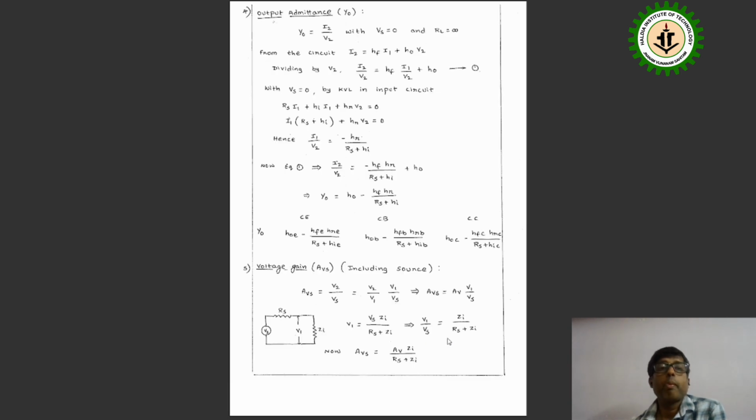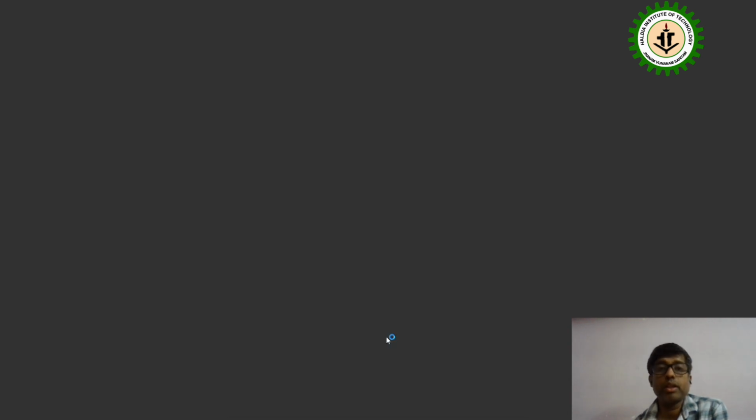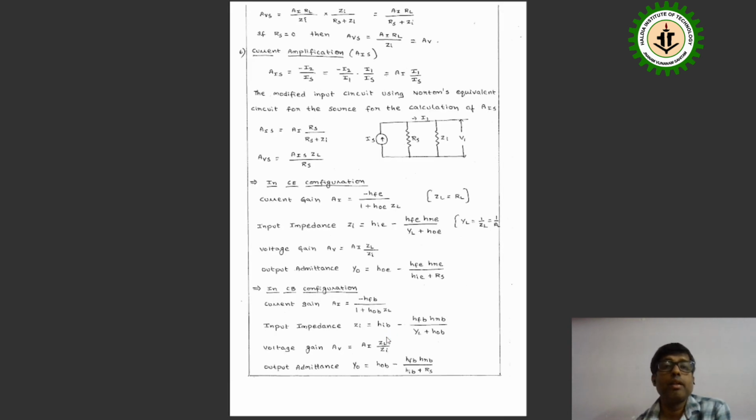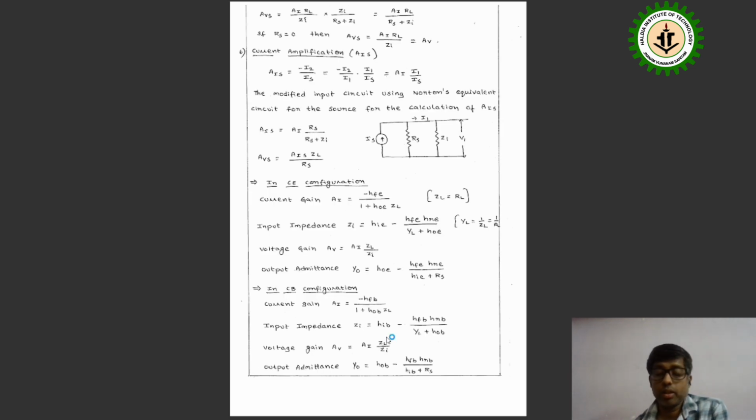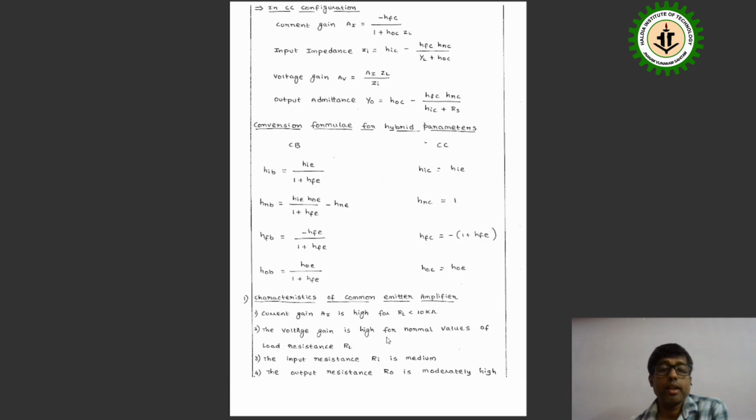If we rearrange, we get AI ZL by Zi. The output impedance we get the same way if we derive it. So the output impedance and voltage gain are very easy to find, and all these parameters can be easily determined. The same equations apply for the common collector and the common emitter.